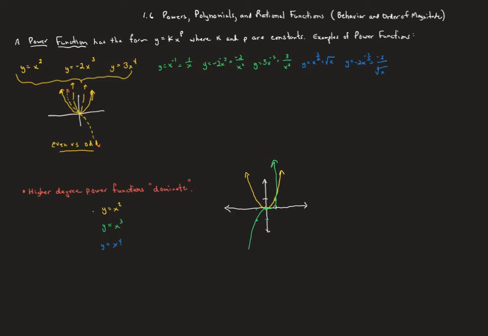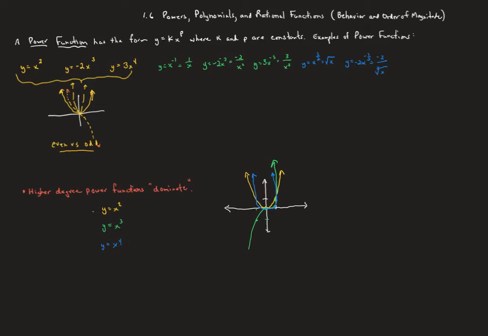So after they pass through the point 1, 1, the green function x cubed is going to get bigger faster than the yellow function x to the second. And similarly, x to the fourth is going to, and you're going to have to use your imagination here a little bit, be even steeper still.